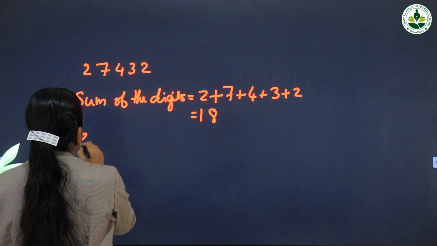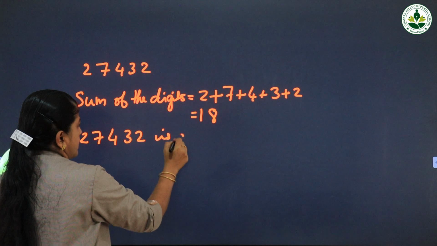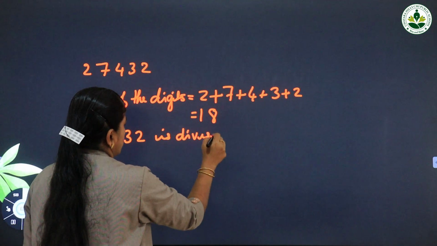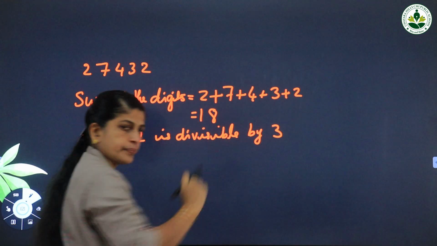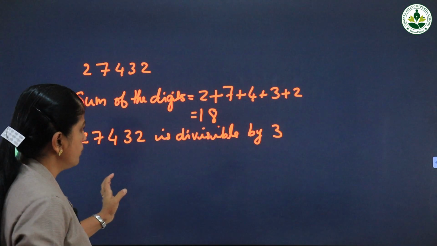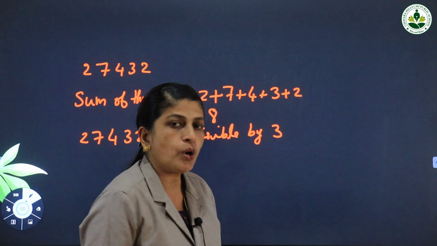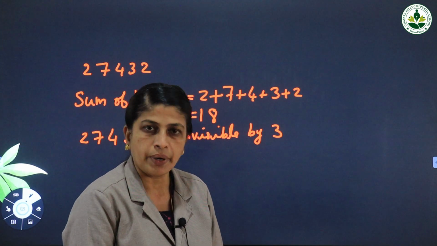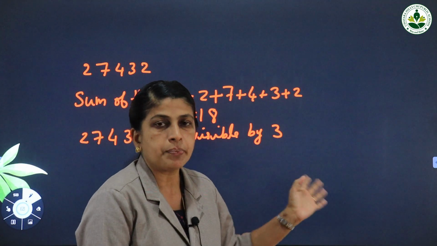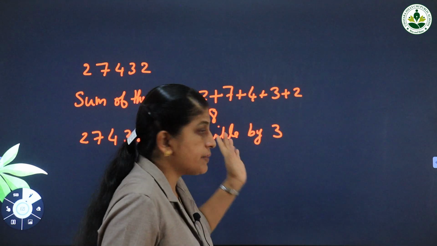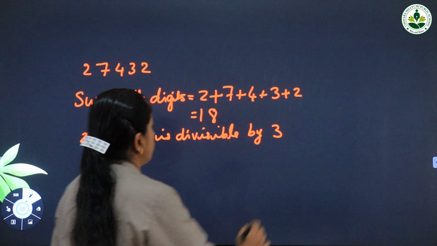Therefore, this number 27,432 is divisible by 3. Okay. Therefore, to check whether the number is divisible by 3 or not, find the sum of all the digits in the number. If the sum is a multiple of 3, or if the sum is divisible by 3, then that number is divisible by 3. We can check by division.